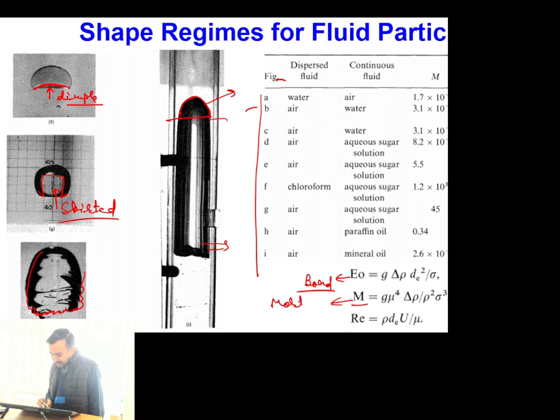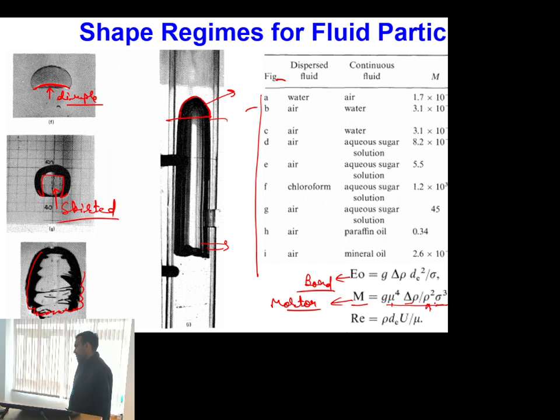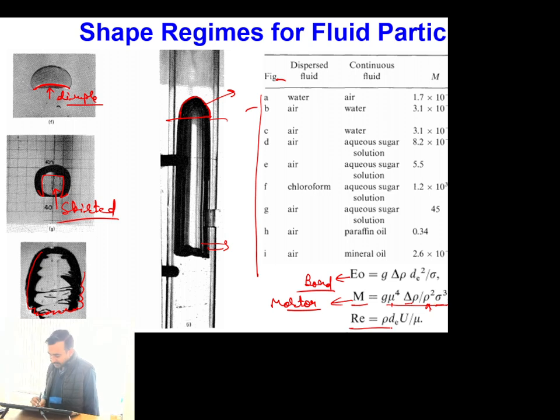Morton number takes into account different properties of the fluid medium, for example viscosity, density difference, density of the surrounding fluid, as well as the surface tension forces. When all these properties are combined together to form a dimensionless parameter, we call it the Morton number. And the third important parameter is the Reynolds number, rho d u by mu.